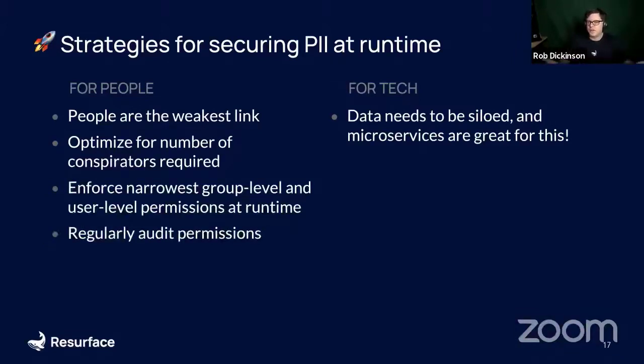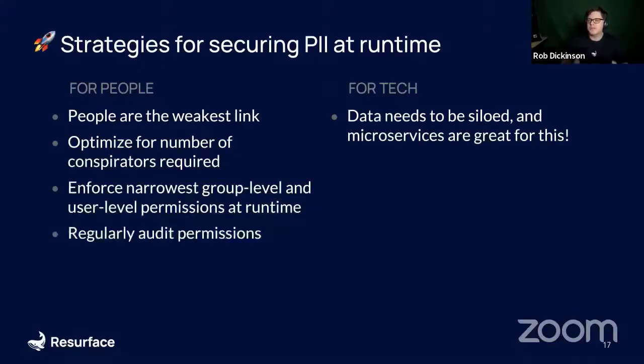And actually, the natural course of APIs moving towards microservices is great for this, because now you can express those group level permissions and those user level permissions at the microservice granularity.